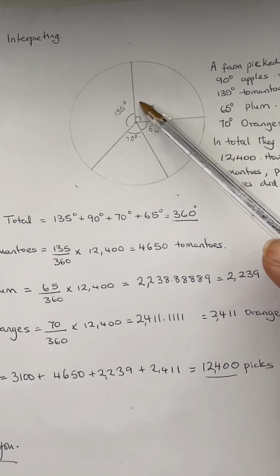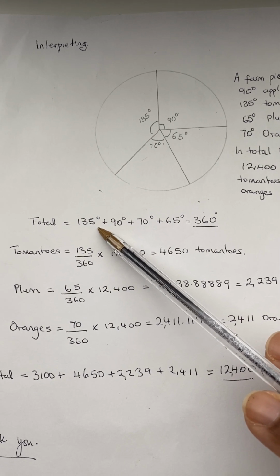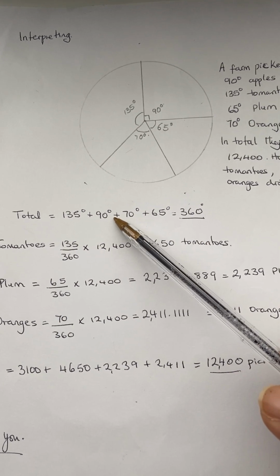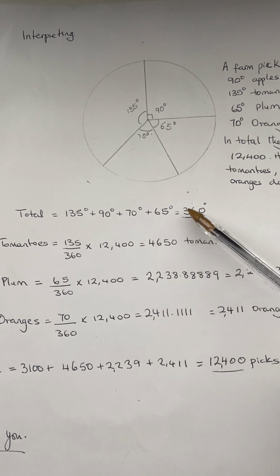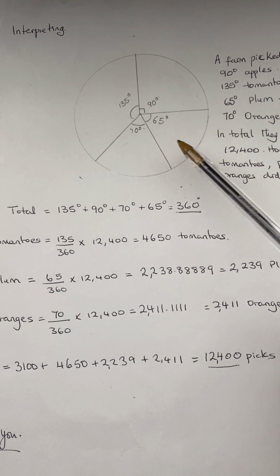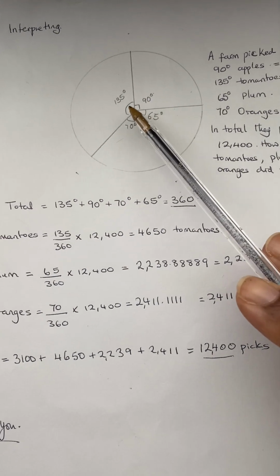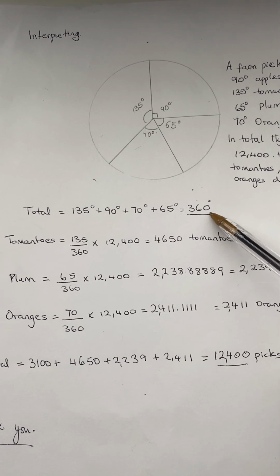So straight away, we know that 135 degrees plus 90 degrees plus 70 plus 65 should equal 360, because the angle in a pie chart or in a circle is 360.